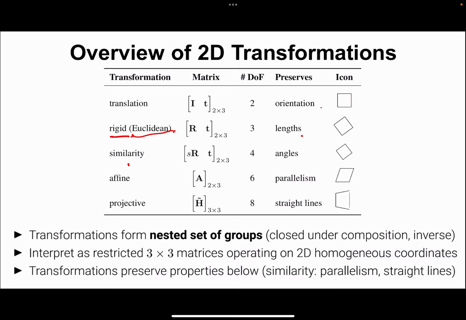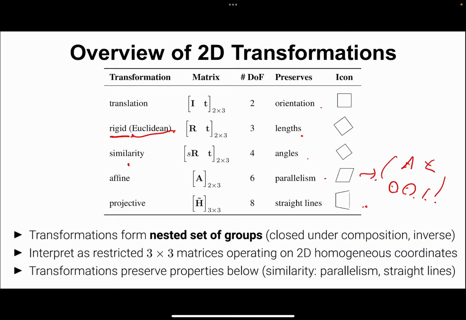After similarity, we apply scale, so distance is not preserved, just angle. In affine transformation the bottom left entries are 0, 0, with A, t, 1, and we preserve parallelism. Finally, with projective transformation, only straight lines are preserved, as a, b become arbitrary numbers.